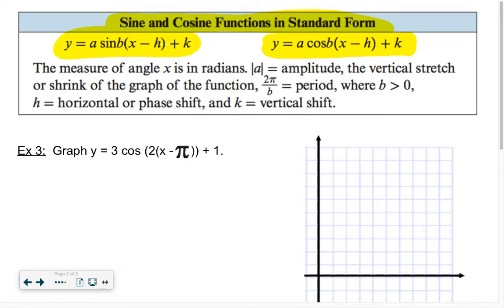A again stands for the what? Amplitude. B will help us determine the period. This h on the inside is your horizontal shift. k on the outside is your vertical shift.